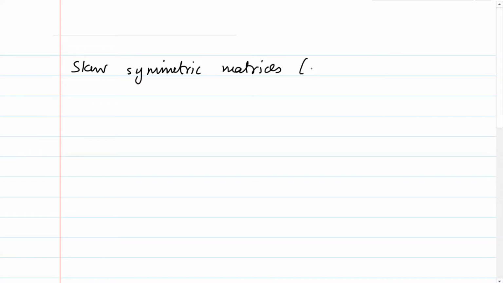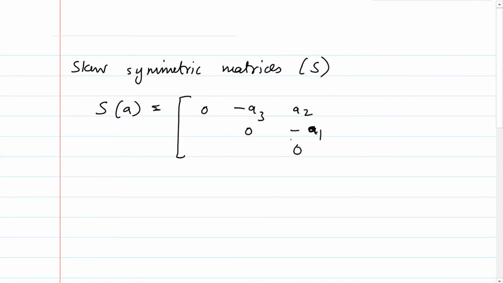We'll denote the skew symmetric matrix with S. The way we write S is, if there was a parameter A with components A1, A2, A3, then the skew symmetric matrix would be something like this, with A3, A2, minus A1. The diagonal elements are all 0.